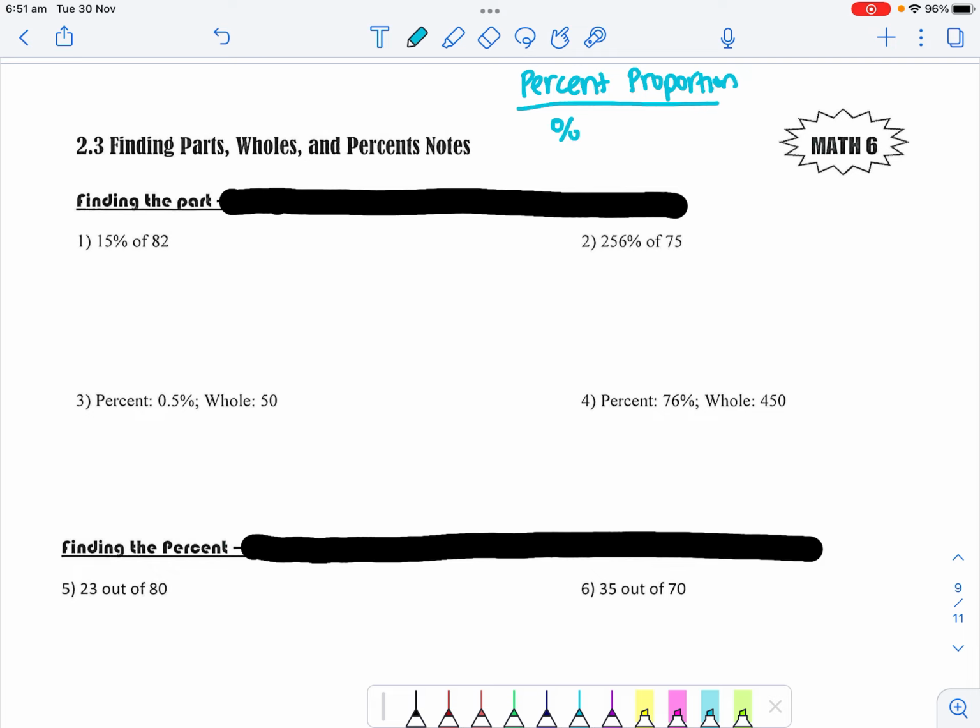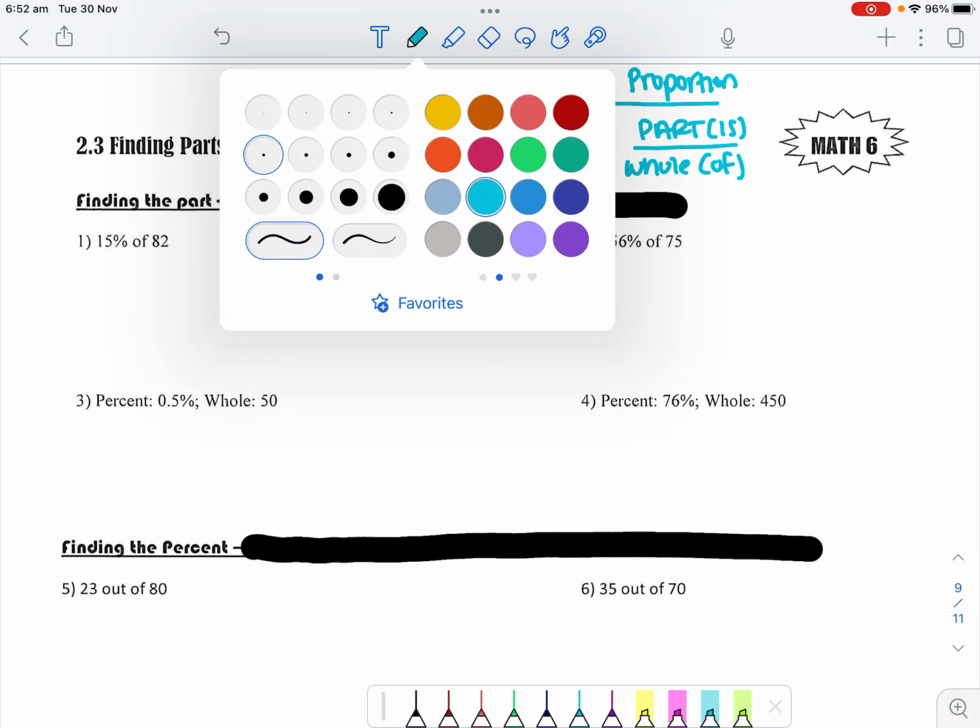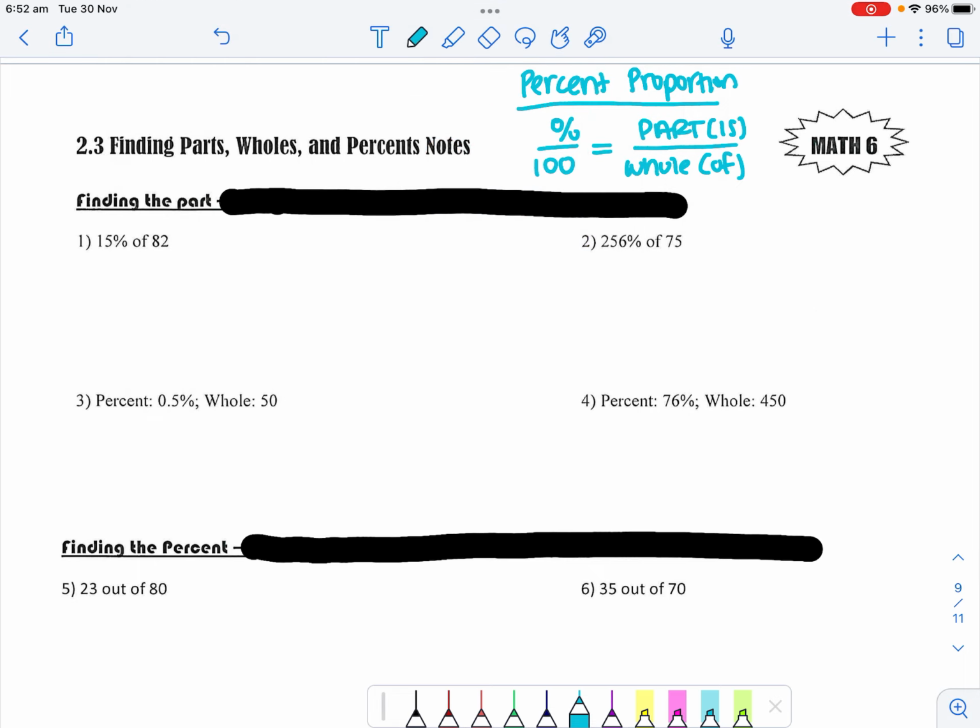It is percent over 100, because percents are always out of 100, is equal to the part, which is represented by the word is, over whole, which is represented by the word of. So this is what we're going to set up each time because we have been working with ratios and equivalent fractions this entire year. So we're going to take an idea that we already know and apply it to percents and use it to answer questions.